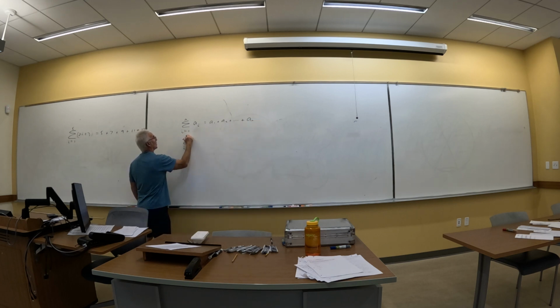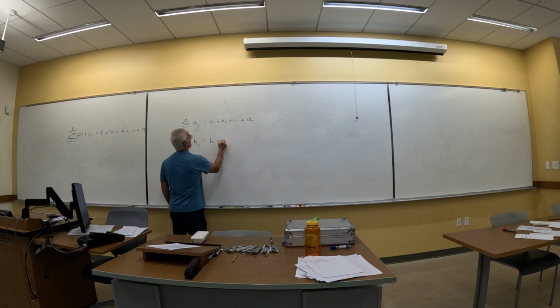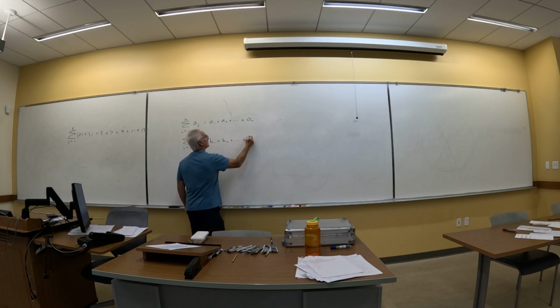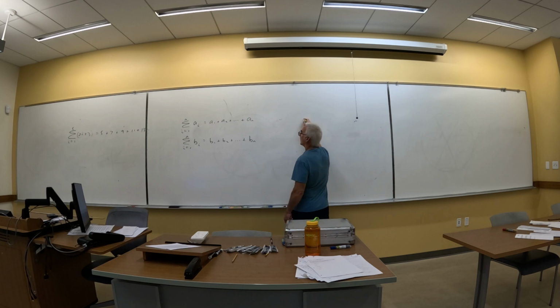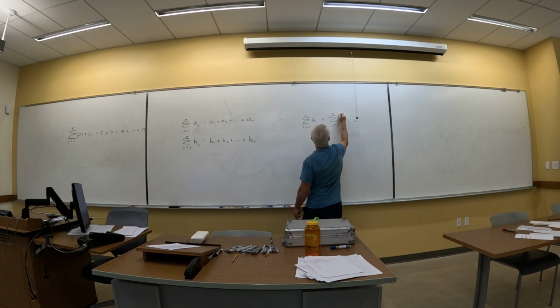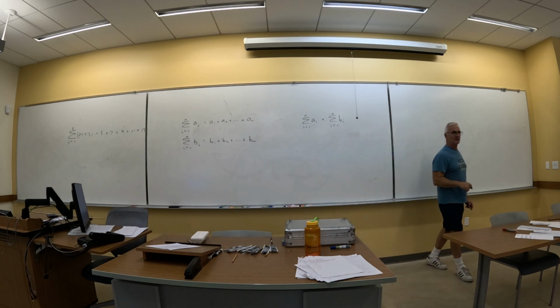Now what if I wanted to go 1 to n of some other thing? Well, we'll do sort of the same thing. Okay. I want to add these two summations up.